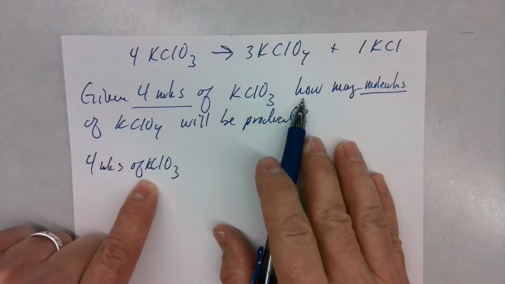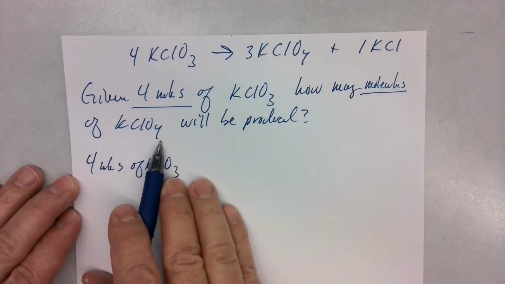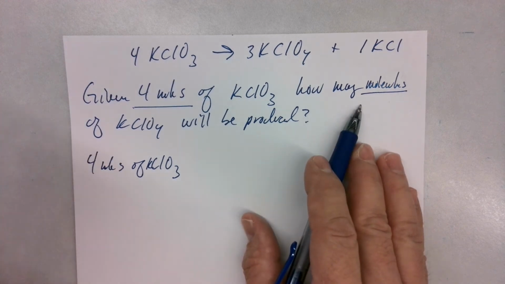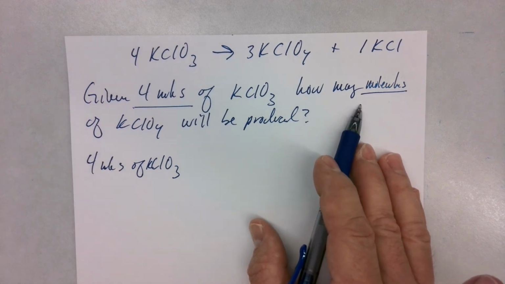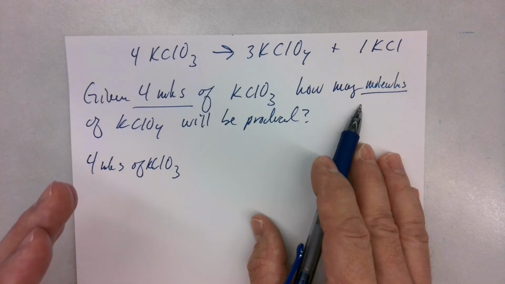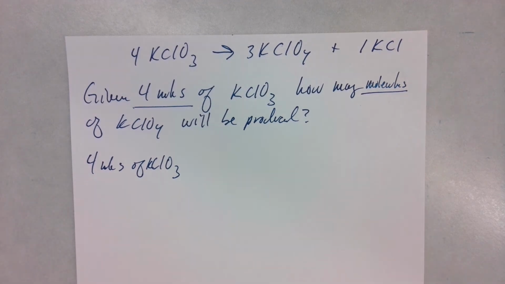Now, it asks me to find molecules of KClO4. We haven't talked about this yet. But before I can find molecules, I've always got to go to moles. You're going to go through the mole-to-mole ratio like 99% of the time.